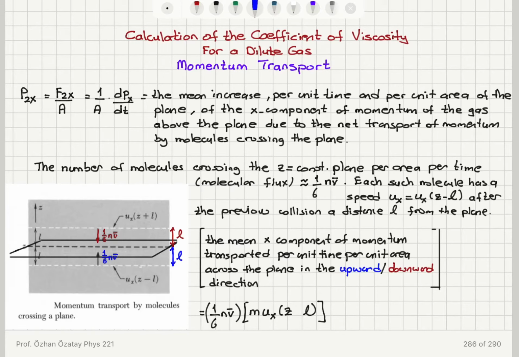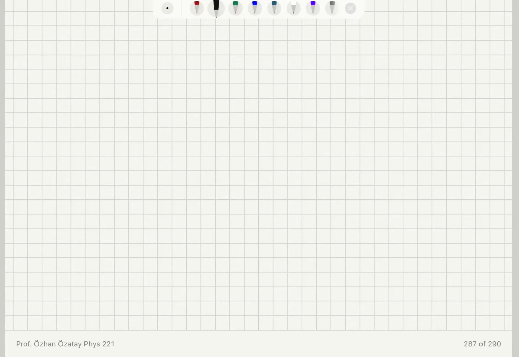If it is upward, it is minus. If it is downward, it is plus. So they picked up the speed at z plus L, and they're carrying this momentum to the plane.